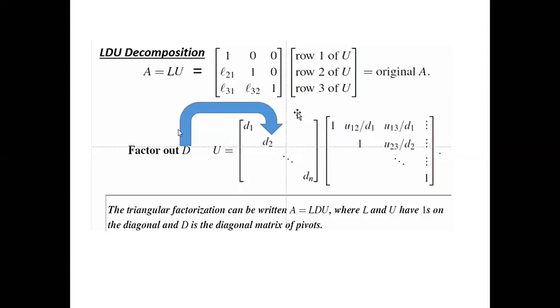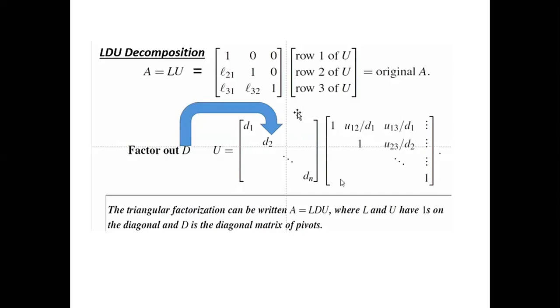Next, we take U and decompose it into D and U, where we can write this original matrix U as a diagonal matrix with components D1, D2, up to Dn, and the factors of U can now be written with diagonals all 1.